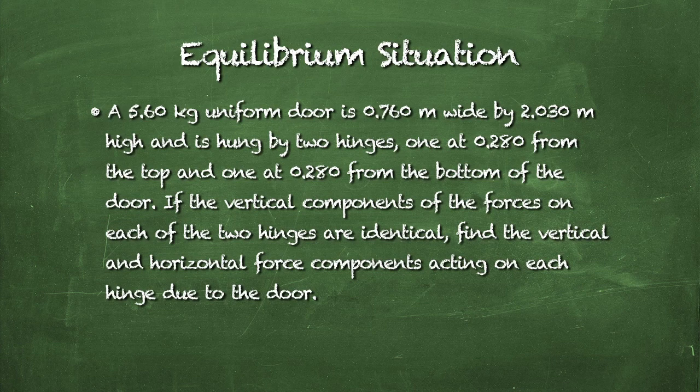If the vertical components of the forces on each of the two hinges are identical, find the vertical and horizontal force components acting on each hinge due to the door. Now remember our procedure. Draw a diagram, list all your knowns and unknowns, identify this as an equilibrium situation, and write down your appropriate starting equations, and answer the question, please.